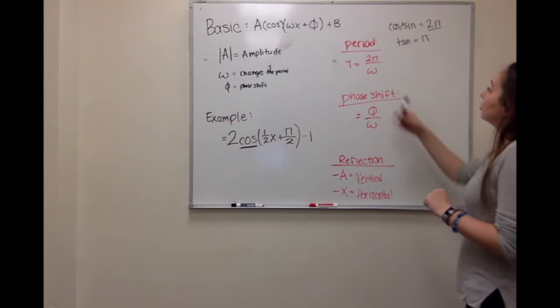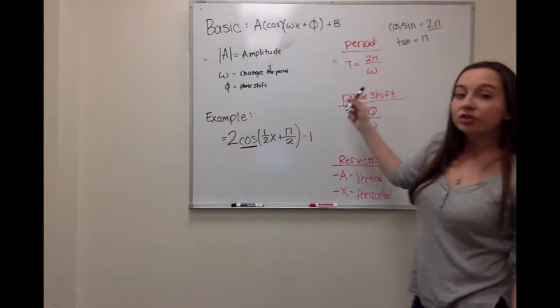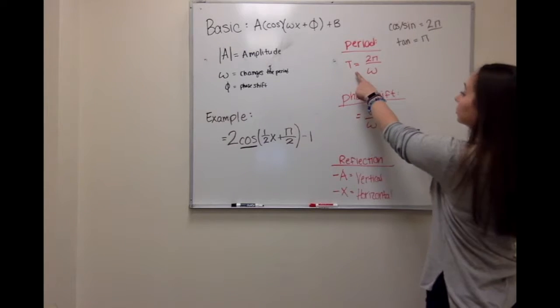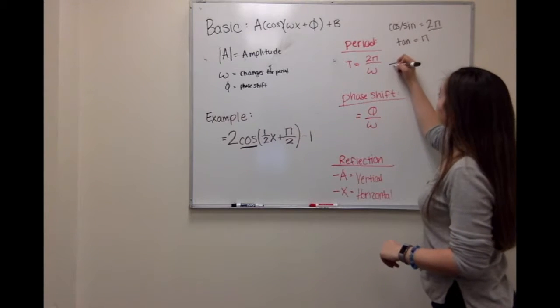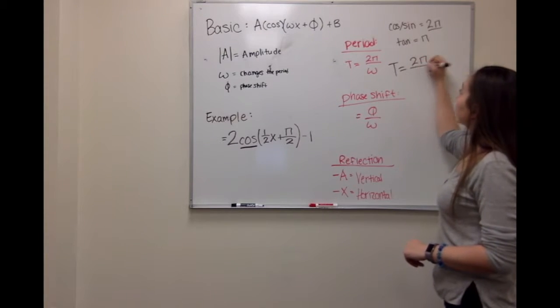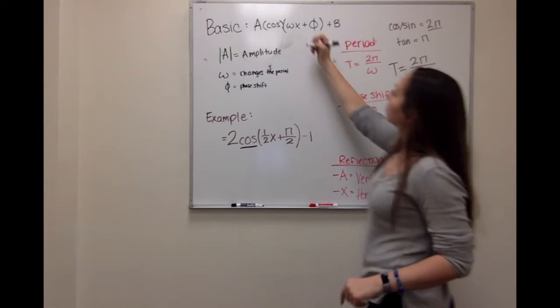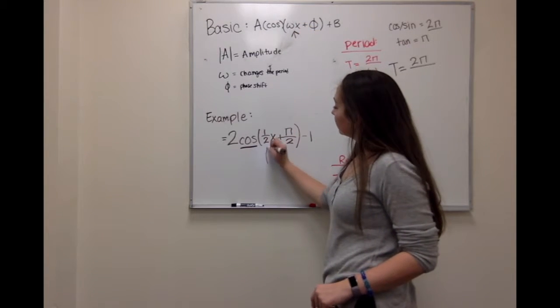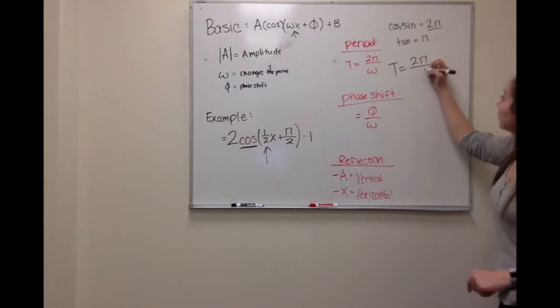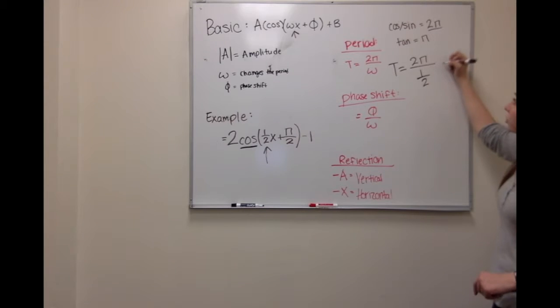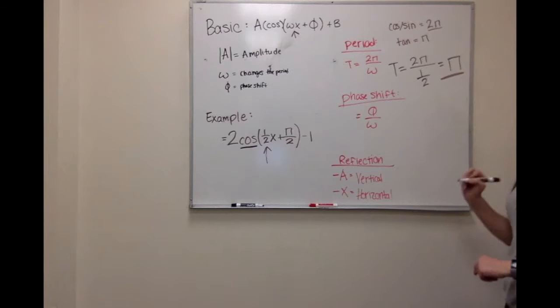So to figure out how our period has changed due to this equation, we're going to use period is equal to 2 pi over omega, which is right here, and for this, it's 1/2, so 2 pi over 1/2, which you can cancel your 2's, and you're left with pi as your new period.